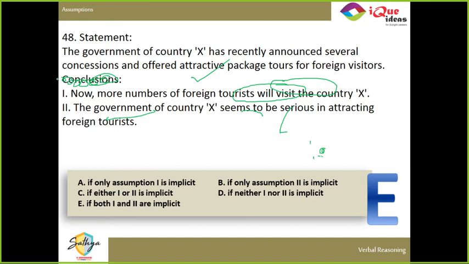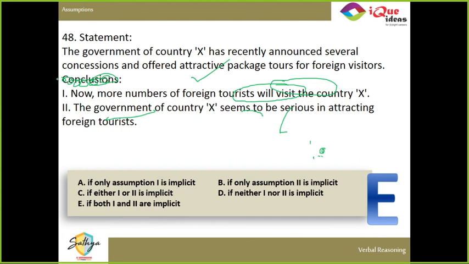Whenever I take any step, won't I assume that my step will have a positive reaction? If the government does not assume that more tourists will come, then will it do such actions? Whenever you take any step, we are not checking whether in reality it will happen or not. We are only seeing whether the assumption is there.